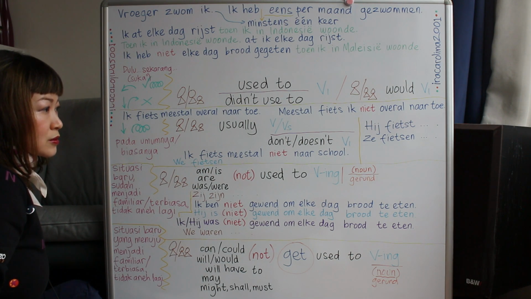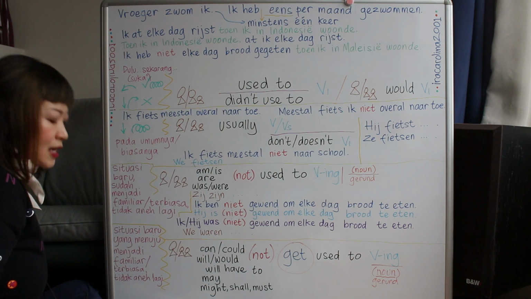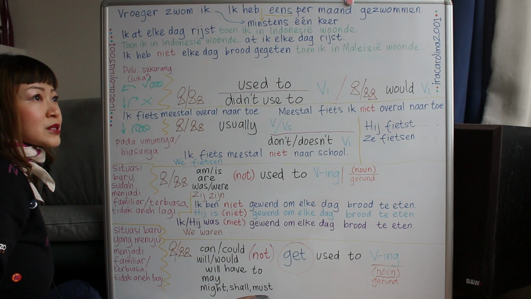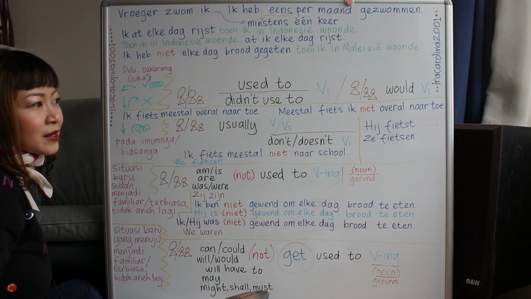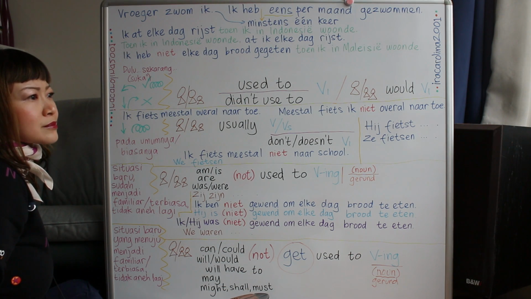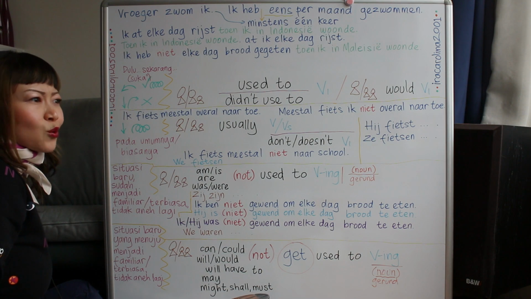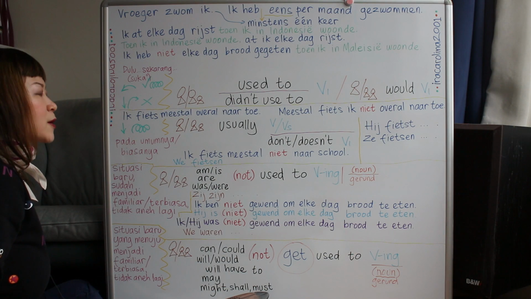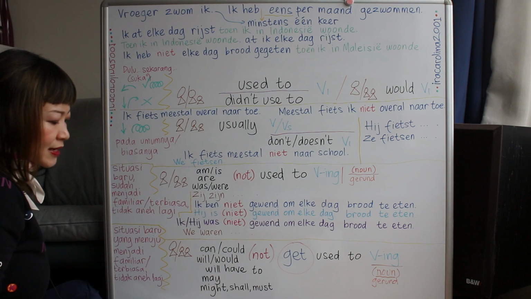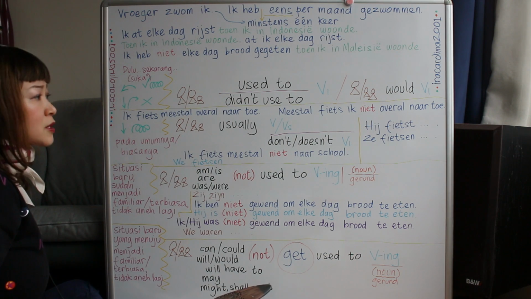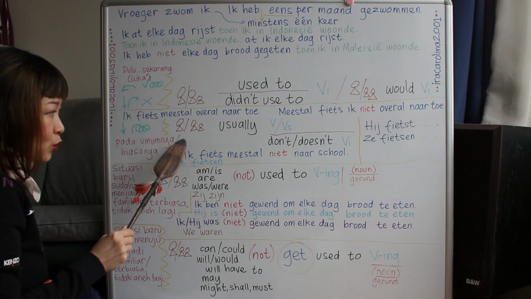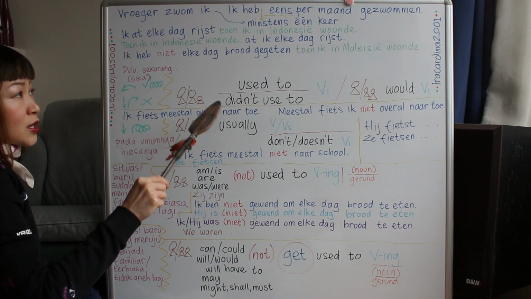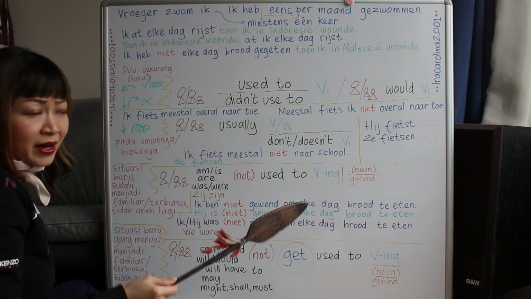Naartoe, if you say naar is to, so naartoe can be here and there, can be also everywhere or towards everywhere. So if you translate it word by word, it will be I bike most of the time or mostly, everywhere, here and there, everywhere.